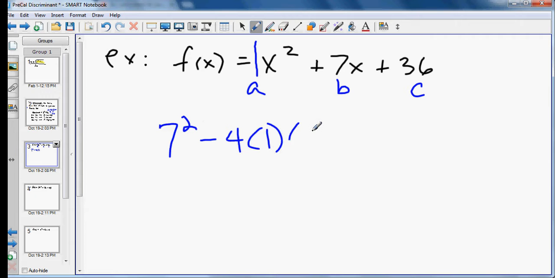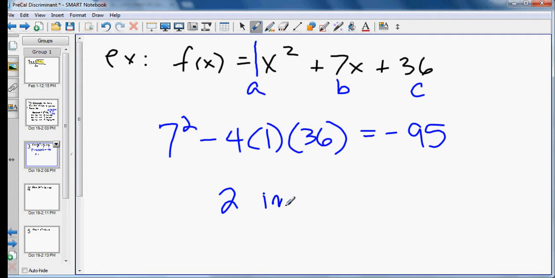So I do 7 squared minus 4 times 1 times 36, and my result is negative 95. Since I got a negative answer, that tells me that this quadratic has 2 imaginary roots. So just from looking at the discriminant alone, I know it has 2 imaginary roots.